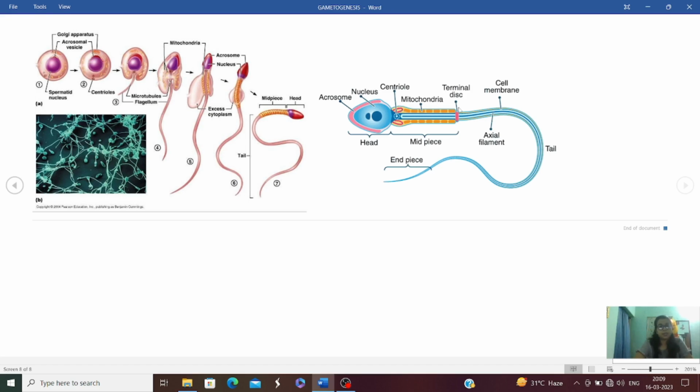This is the terminal disc and this is the cell membrane, and the axial filament is responsible for holding the tail in position, and this is the tail, or flagellum. This represents the active, motile sperm, and now the sperm is ready to enter the female genital tract for the fertilization process.